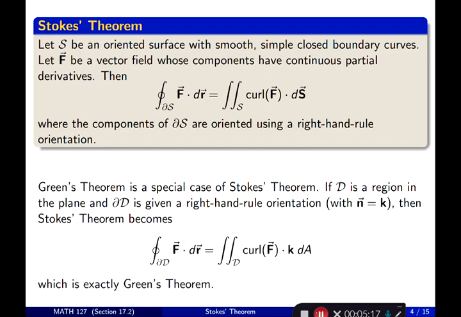If D is a region in the plane and the boundary of D is given a right-hand rule orientation with n equal to k, the unit vector in the z direction, then Stokes' theorem becomes the contour line integral over the boundary of D of F dot dr, which is equal to the double integral of curl of F dot k dA, which is exactly Green's theorem.